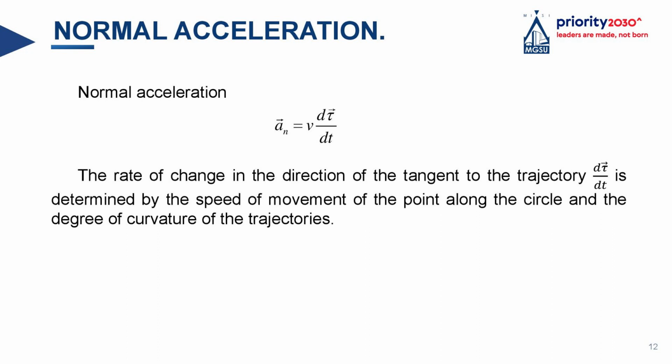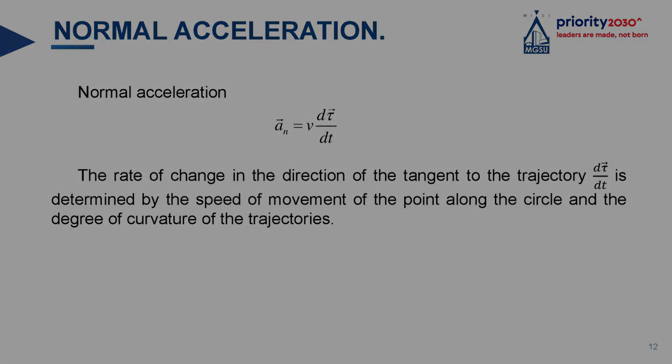The formula: a vector n is equal to v d tau vector over dt. The rate of change in the direction of the tangent to the trajectory d tau over dt is determined by the speed of movement of the point along the circle and the degree of curvature of the trajectories. The degree of curvature of a plane curve is characterized by curvature c.